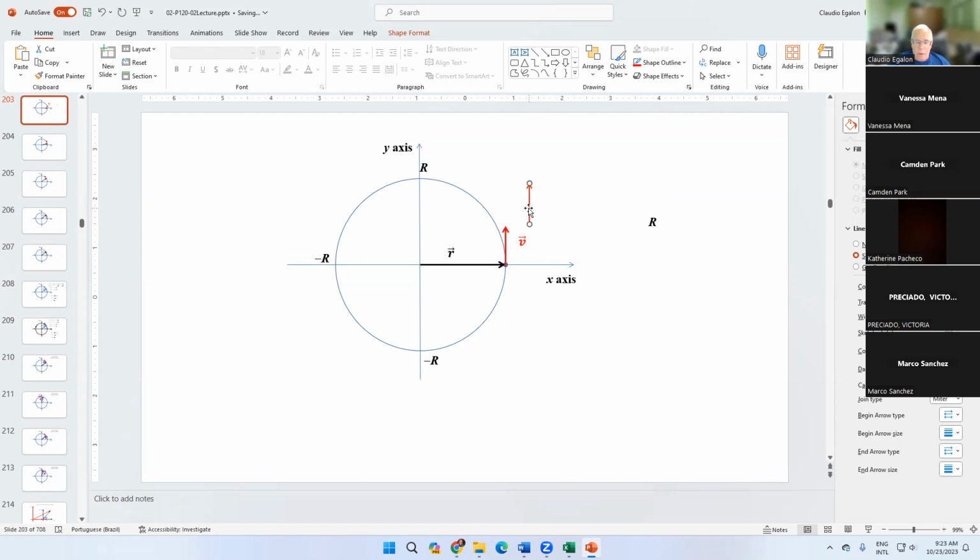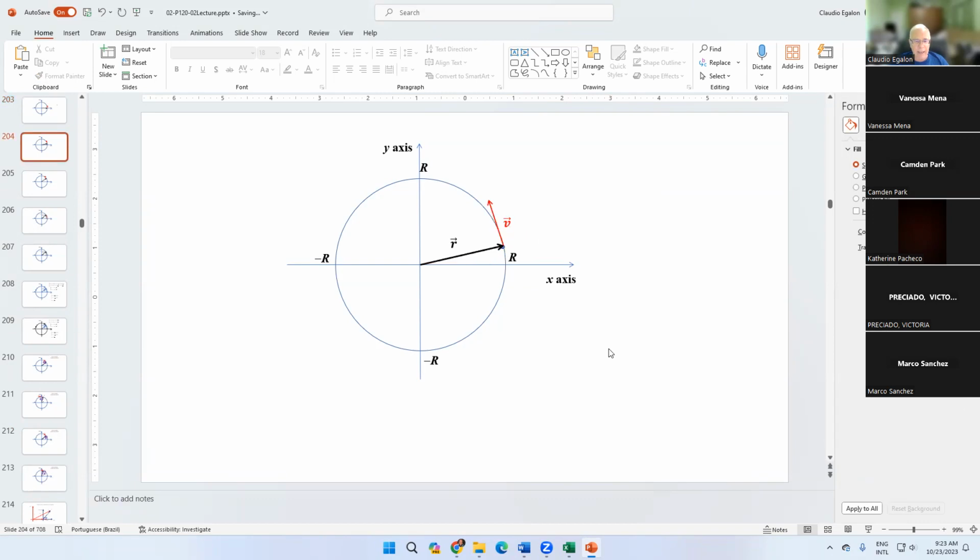And I don't need that anymore. Good. That's the initial position. In the next position, we have something like that. In the next one, we have something like that, right? That's the movie that you have to keep on playing in your head. And let's not forget, we also have a centripetal acceleration here in this drawing that I didn't do. Okay?